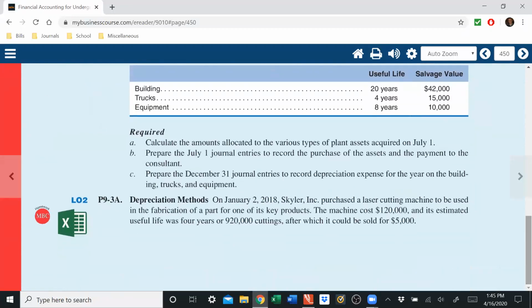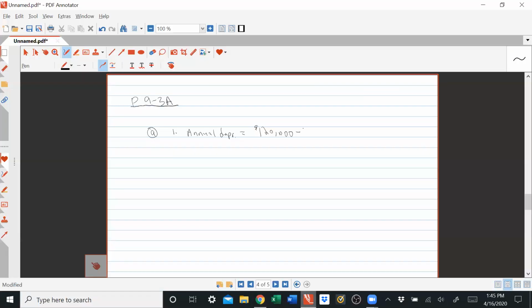So 120,000 minus 5,000 divided by 4. So 115,000 divided by 4. $28,750 per year. 2018 through 2021. The same amount each of those 4 years.